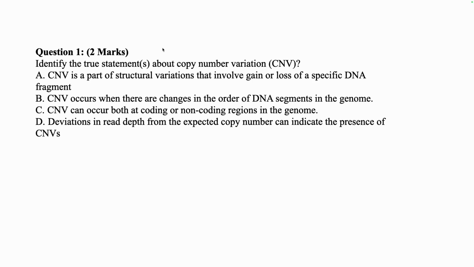So copy number variations are basically differences in gene copy number. So how do we get a difference in gene copy number? Based on this, try to answer this question. We have one answer, which is all are right.